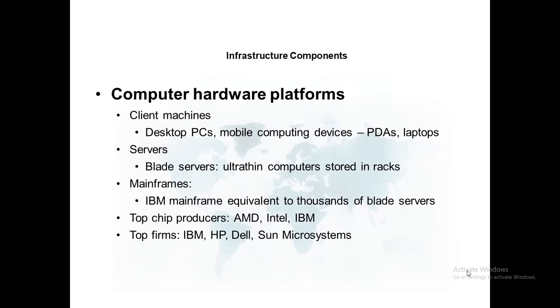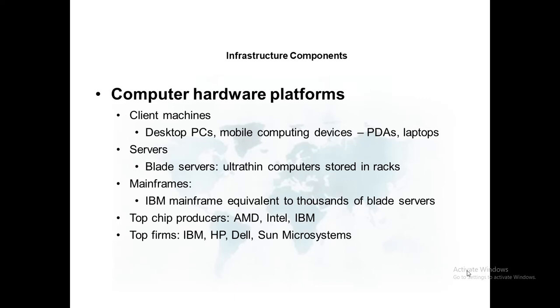So we have a wide variety of client machines, like our desktop personal computers. You know how a desktop looks. Our mobile devices, like our laptops, the personal digital assistants, the tablets, the smartphones, all those are mobile computing devices. Then still in the computing platforms, we have servers of different kinds.